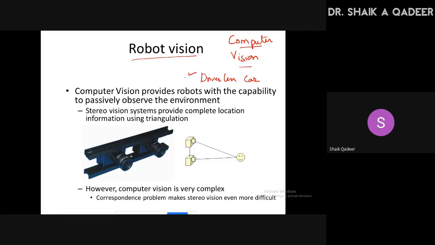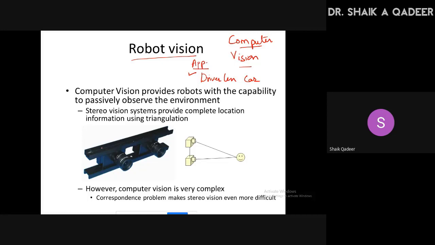There are a lot of applications which make use of computer vision. So what is this computer vision? Actually, these are eyes for the computer. Robotic vision is eyes for the robot. With the help of that, they can see the environment and get information about their surroundings.